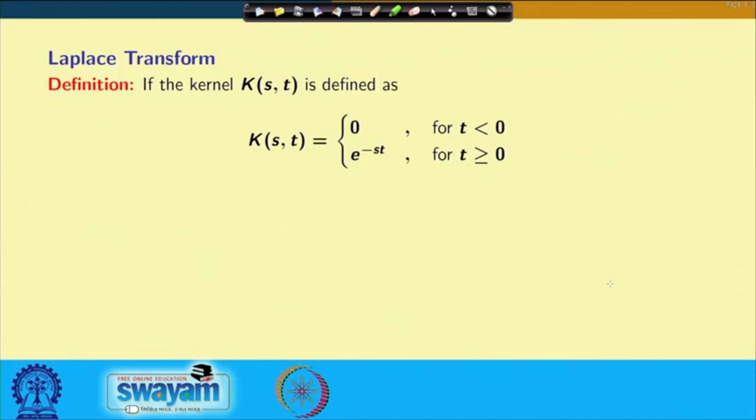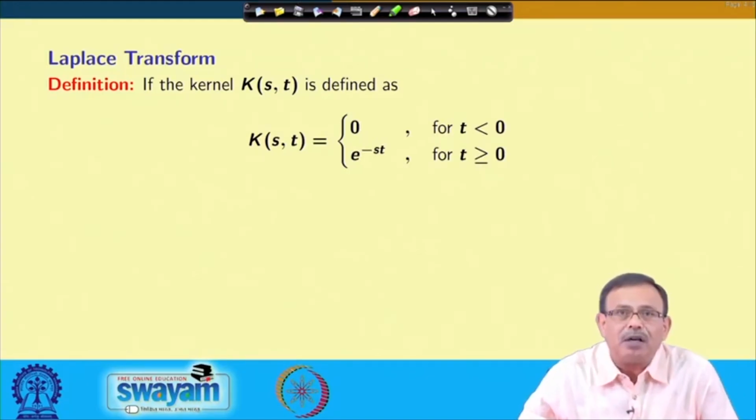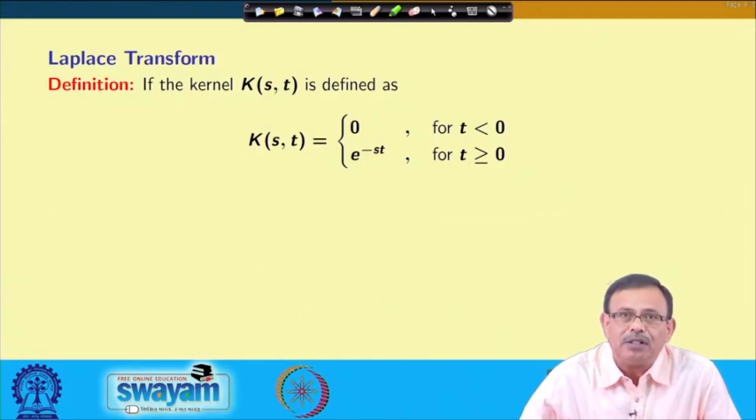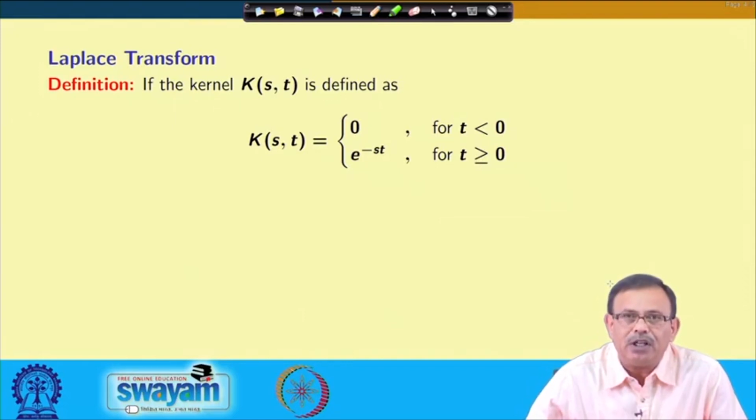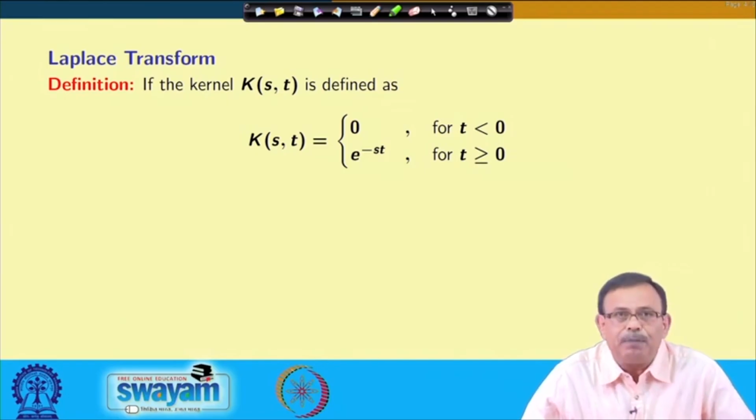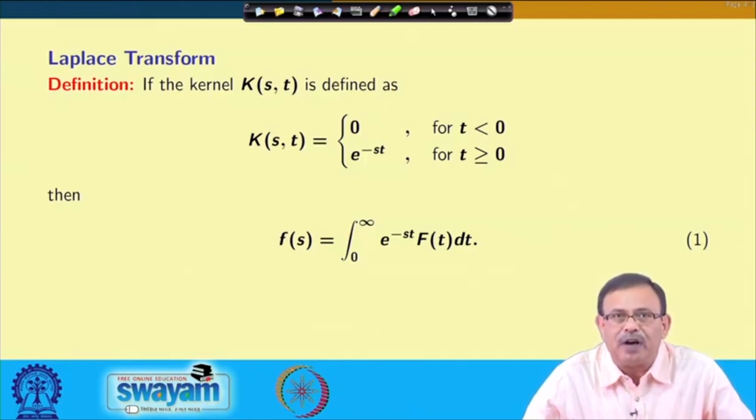how to define the Laplace transform? If the kernel K(s,t) is defined as K(s,t) equals 0 whenever t is less than 0, and e^(-st) whenever t is greater than or equal to 0, then the Laplace transform of the function F(t) is defined as f(s) equals the integral from 0 to infinity of e^(-st) F(t) dt.